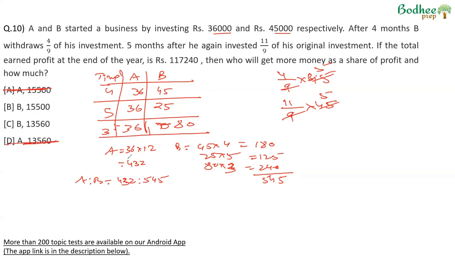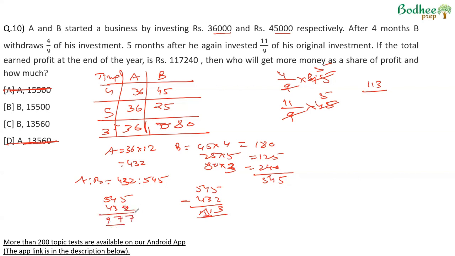By how much? The difference between 545 and 432 is 545 minus 432, which will be 113. And therefore, the extra money that B will get will be 113 upon 545 plus 432.